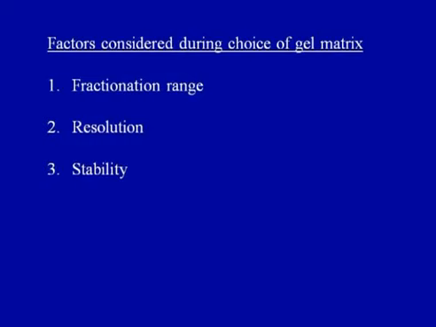When you are considering the gel matrix, like the different materials we have discussed, there are certain factors which need to be considered while choosing a gel matrix. One is fractionation range. If all proteins in a mixture are to be separated from relatively low molecular weight solutes, say your proteins are large molecules and you have to separate them from smaller molecules, then you can use packings with small pores.